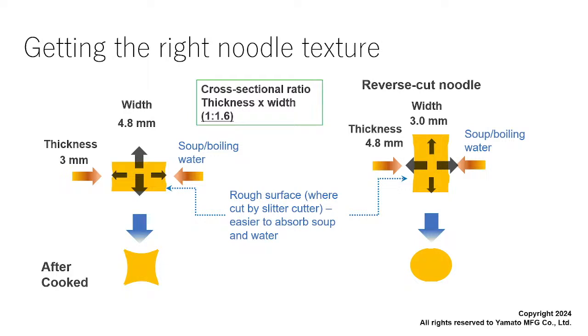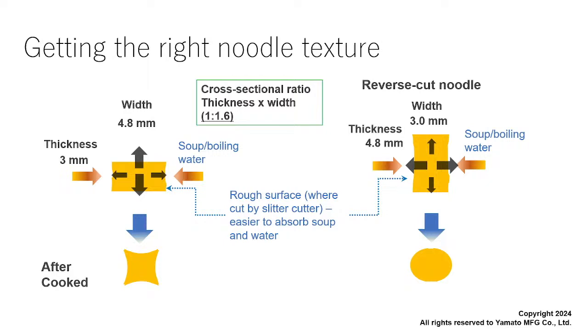For getting the right texture, what we recommend is that the noodle cross section is very important. The reason is that the boiling water and the soup perforate the noodles from the sides where the noodle was cut, the cut surface.